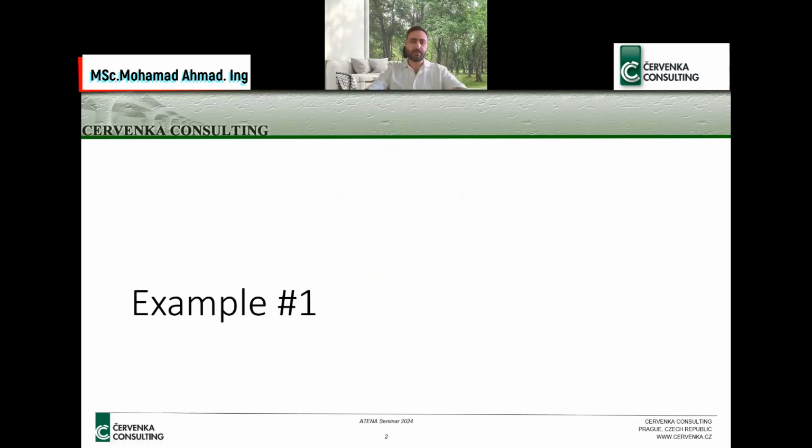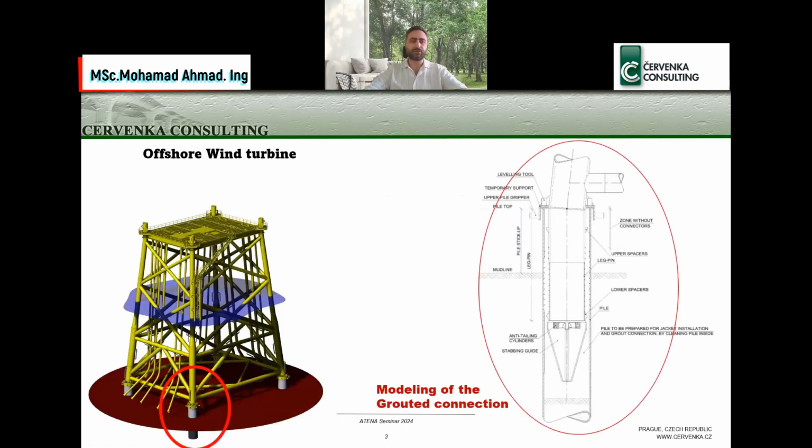Our first example is about an offshore wind turbine. As you can see from the photo on the left, the base of the wind turbine goes inside the sea. This is the water level, and it is connected to the ground by the grouted connection, as you can see in the photo on the right.